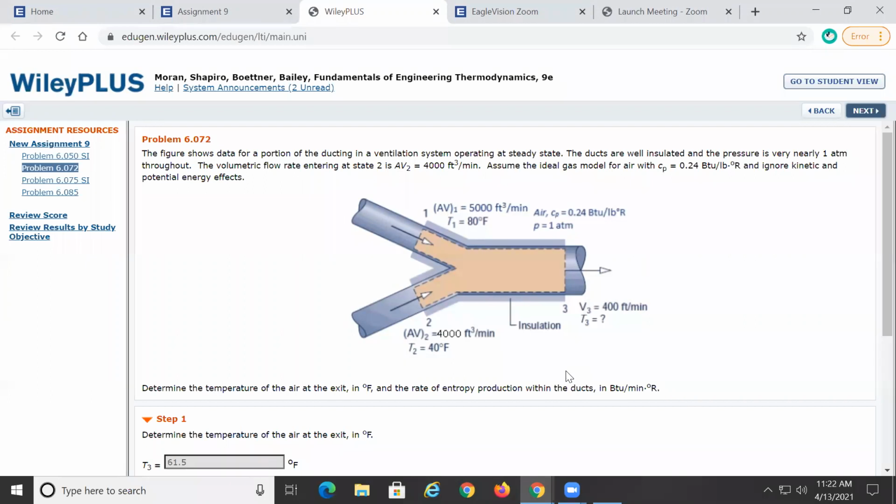So the figure shows data for a portion of a ducting in a ventilation system operating at steady state.